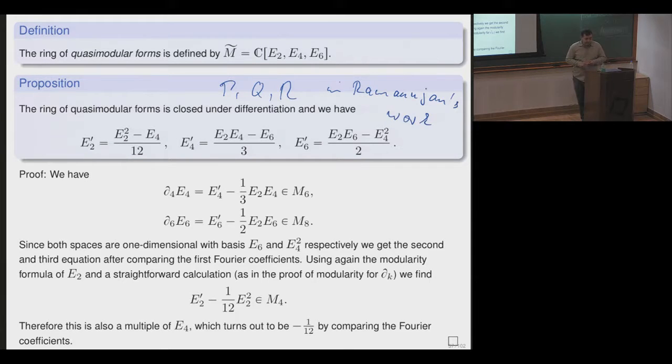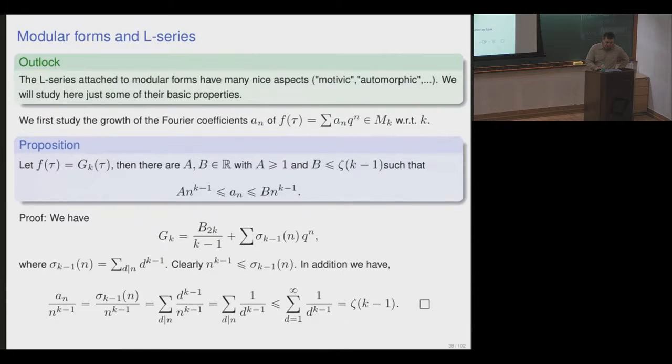And in Ramanujan notation, these are called P, Q and R. So in my work, this ring of quasi-modular forms naturally occurs, and also my algebra is closed under this differentiation. And therefore I just wanted to tell you that there's this result. Okay, so this was a very quick recall of what I wanted to do in the last lecture, and actually it took me 9 minutes.